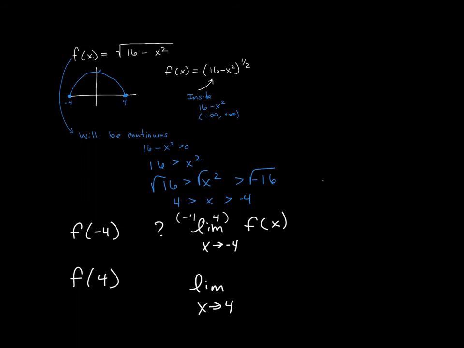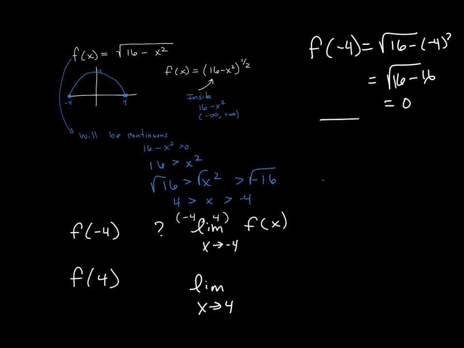All right, so f of negative 4 just equals the square root of 16 minus negative 4 squared, or 16 minus 16, which equals 0, and I already have that point over here. The same thing is true, and we can see that f of 4 is also equal to 0.